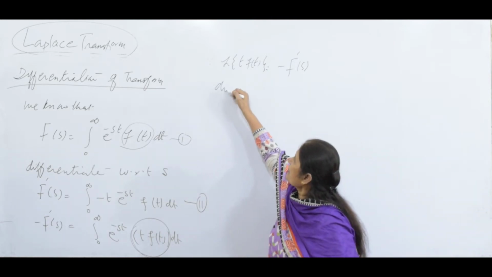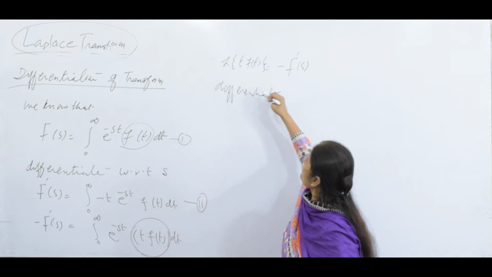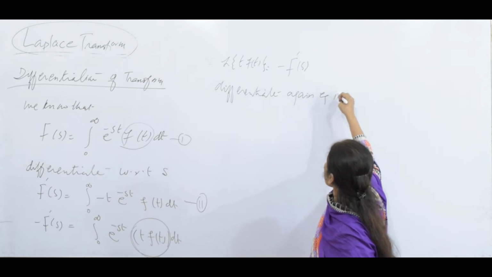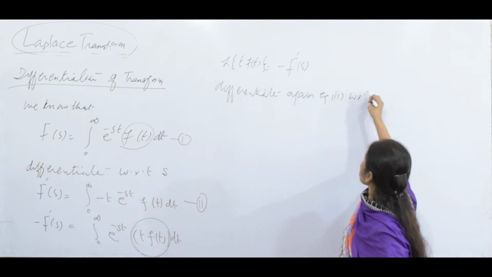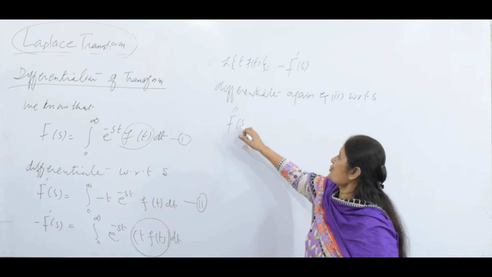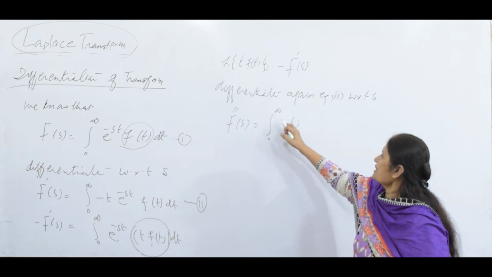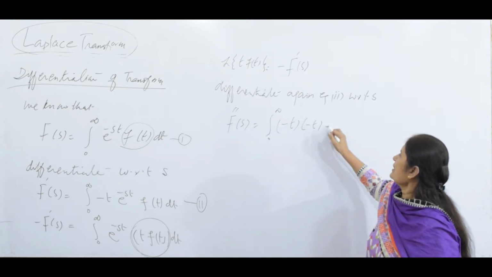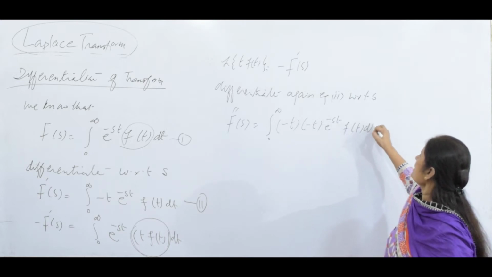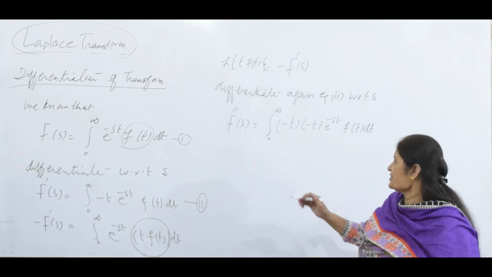Differentiate equation 2 again with respect to s. I'll get F''(s) on the left, and on the right the integral from 0 to infinity of minus t, another t, e^(-st) f(t) dt.